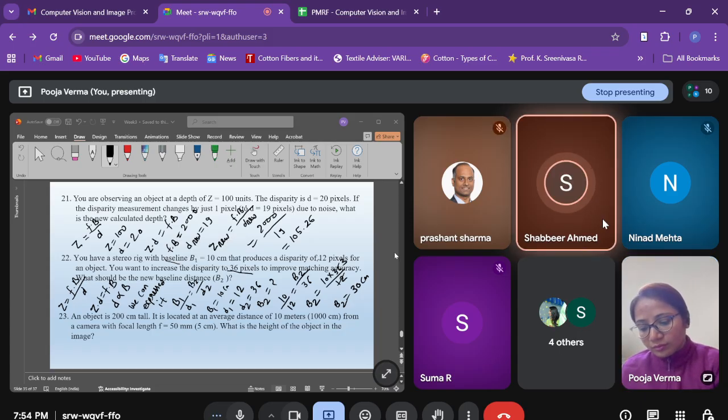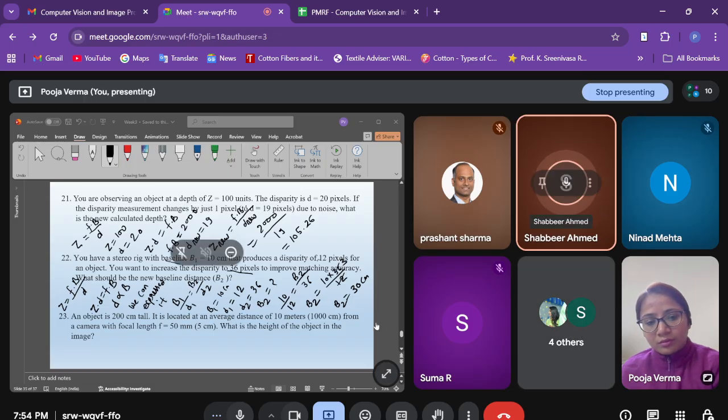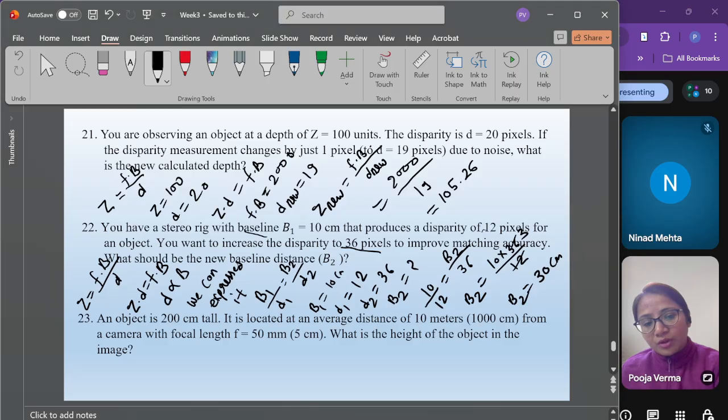Magnification is equal to focal length by average depth. So from that we calculate magnification, right? It is 5 by 1000, then multiply by 200 centimeter, so we will get the actual image size. Yeah, correct.